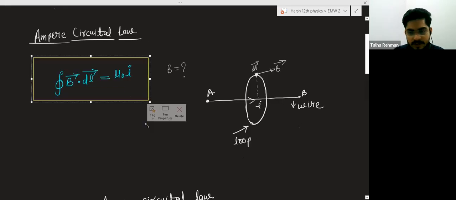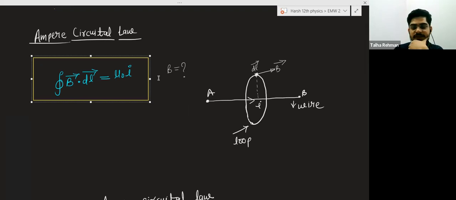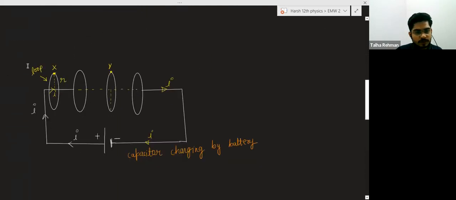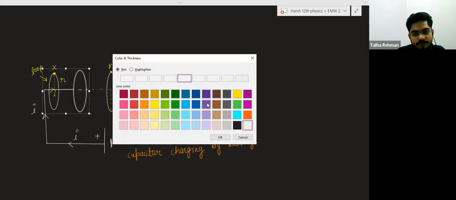So this is clear now. After that, there is one inconsistency in Ampere circuital law, and that was found by Maxwell. So how? Suppose, for example, this plate is a plate of the capacitor.